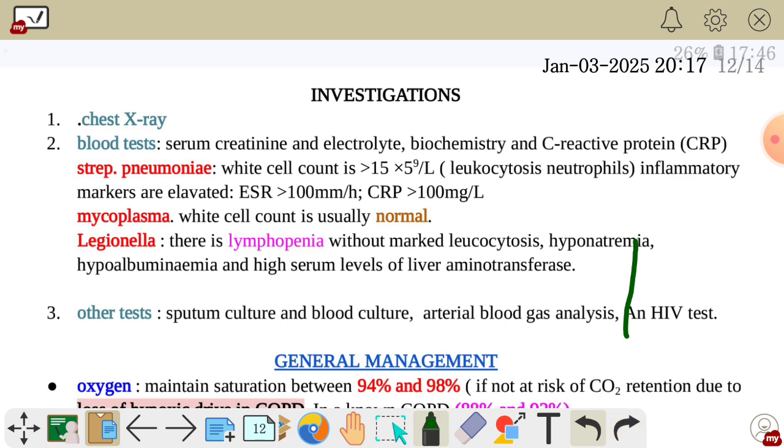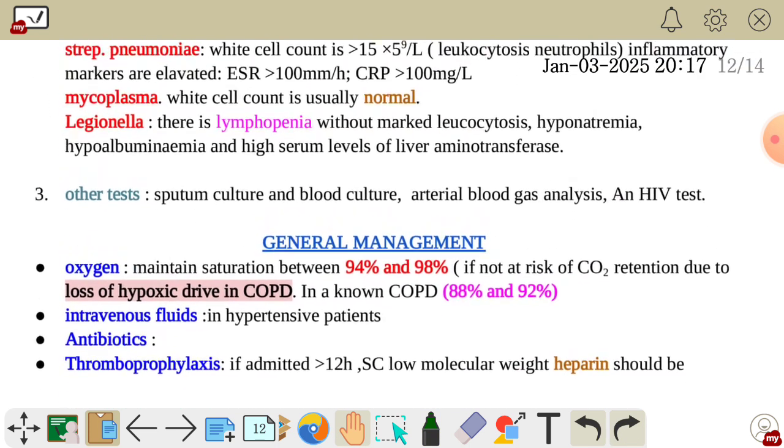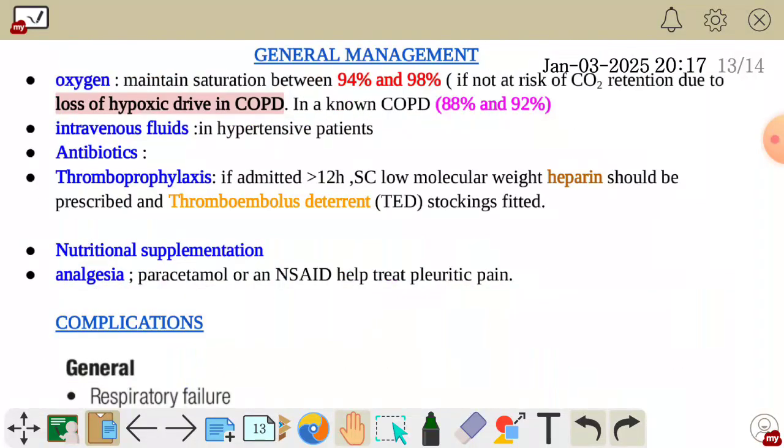Now for general management, we need to maintain oxygen saturation. Remember, if the patient is not a COPD patient, then we maintain the saturation between 94% and 98%.